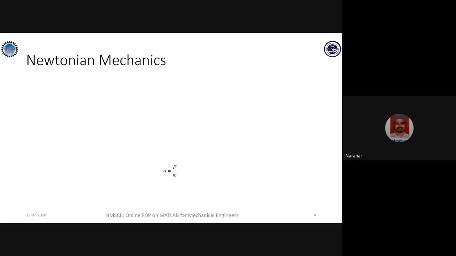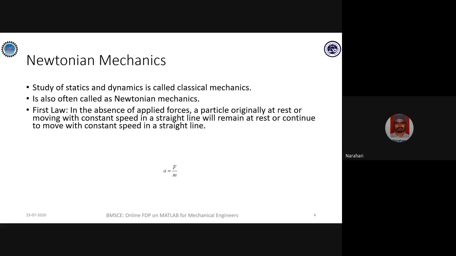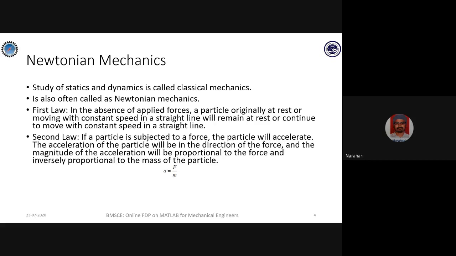Okay, so Newtonian mechanics, the study of statics and dynamics, is called classical mechanics. It is also called Newtonian mechanics. We have the first law, which is related to inertia. Then we have the second law, which is related to change in momentum being directly proportional to the applied force.